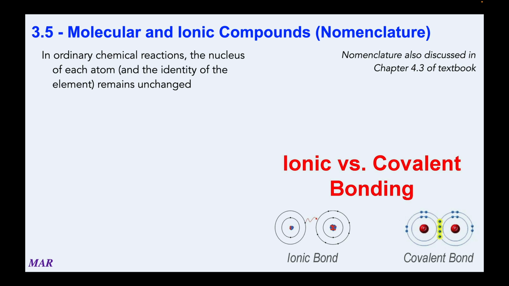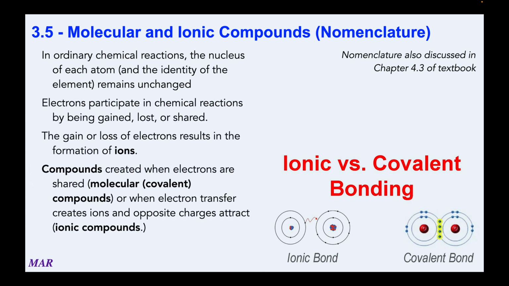But anyway, in ordinary chemical reactions, it's usually not the nucleus of the atom that changes, but it's the electrons around it. And there's two types of bonds that can be made. You can think of these bonds as being the glue that holds electrons together. You can make ions, which is when an electron is actually transferred from one atom to the other.